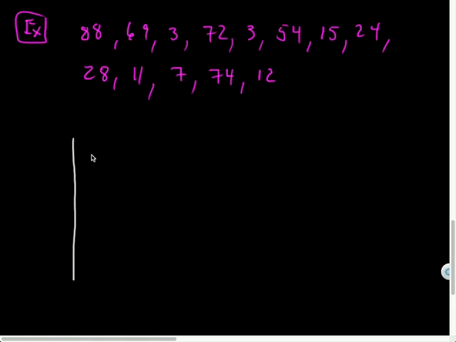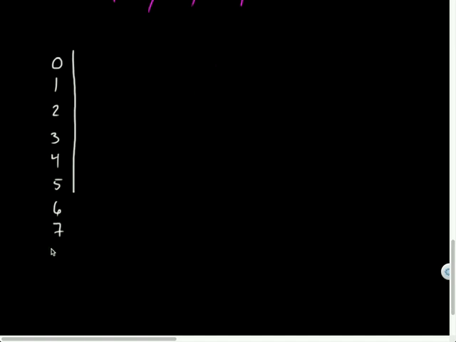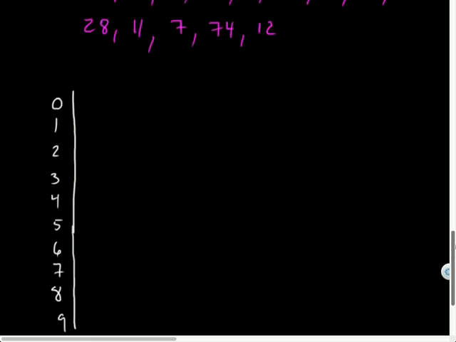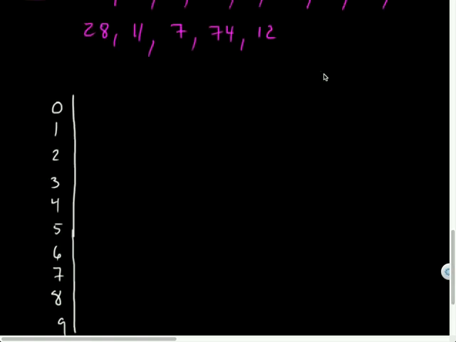The right-hand side will be my ones digit or whatever's left over. So in this case, I've got 0, 1, 2, 3, 4, 5, 6, 7, 8, 9. And my key for this will be that 7 line 2 means 72.